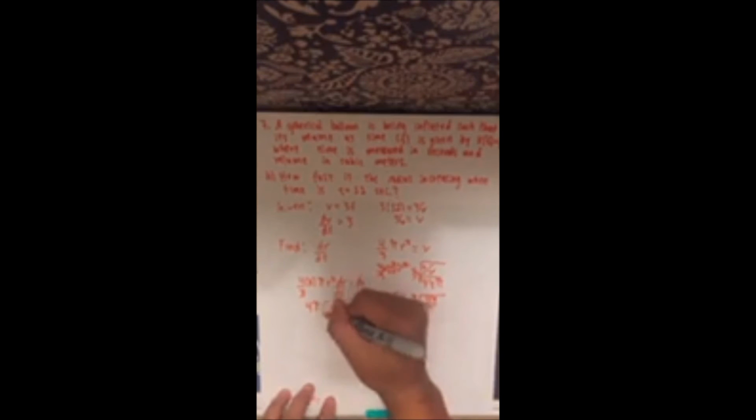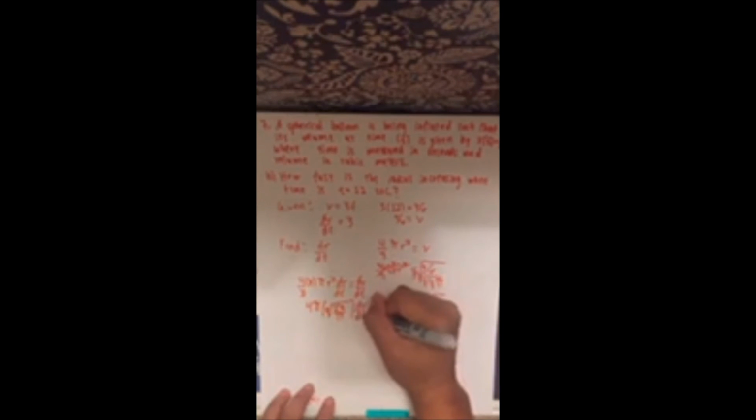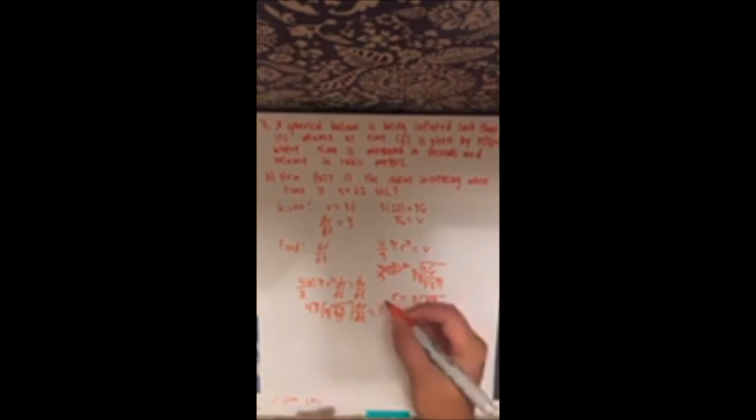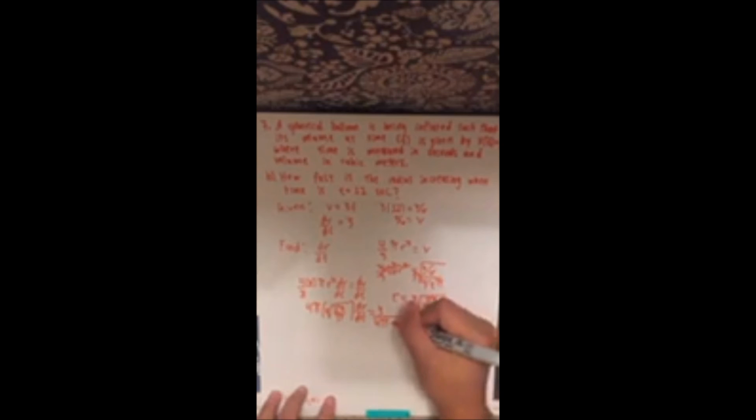We know that r is this. We're trying to solve for dr over dt, and dV over dt is 3. So now we solve for dr over dt. And we should get 1 over 12 pi to the 1/3.